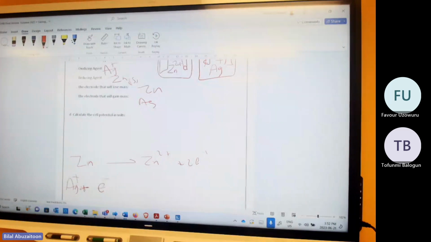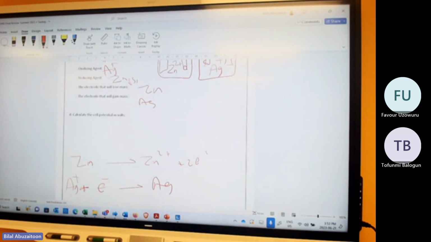It produces Ag. From the list, I flipped the one, Zn, the one that oxidized.